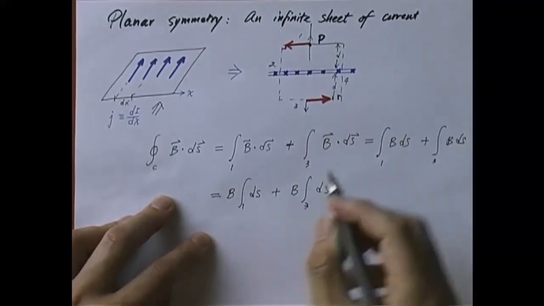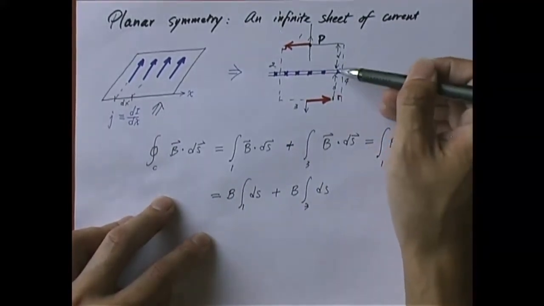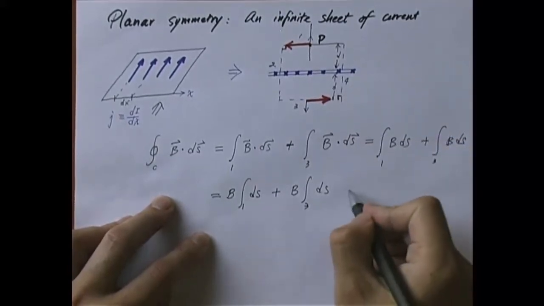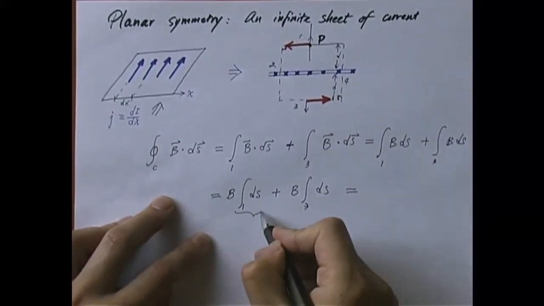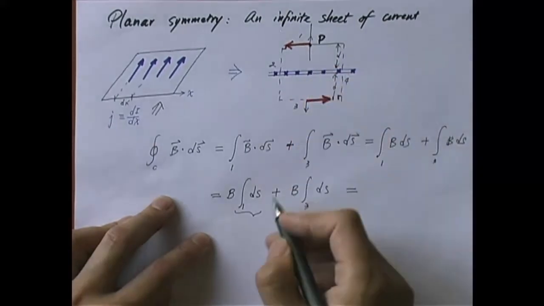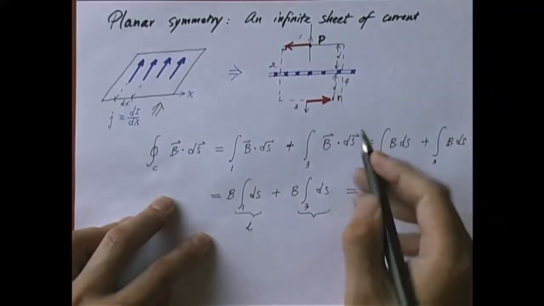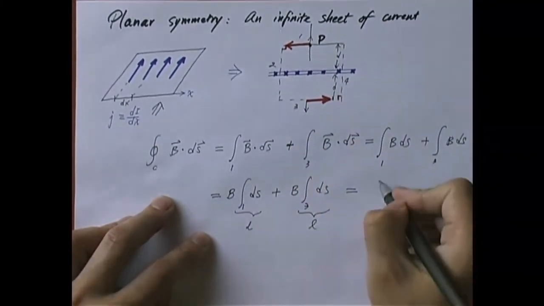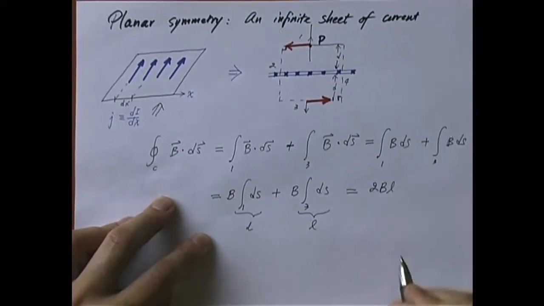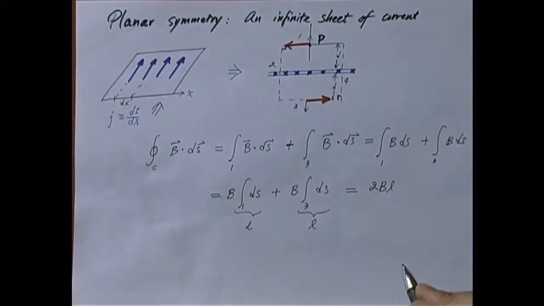Even these two B's are the same because I deliberately made this distance equal to that distance. So what do you think that is? Isn't that the total length from here to there, which I call L? Same thing, from here to there, length is L. So this is just 2BL. What do you think that should be equal to?